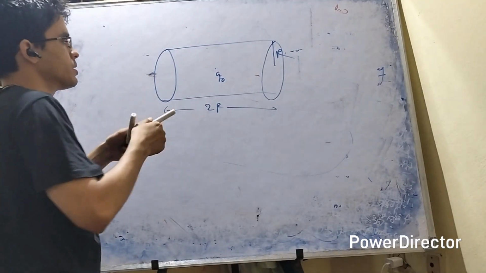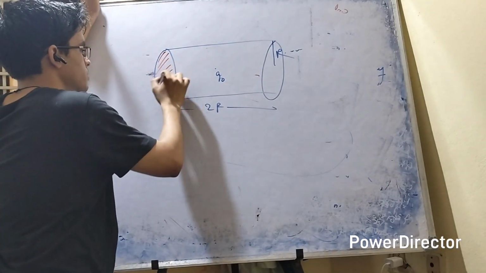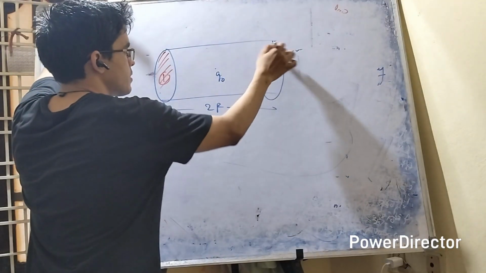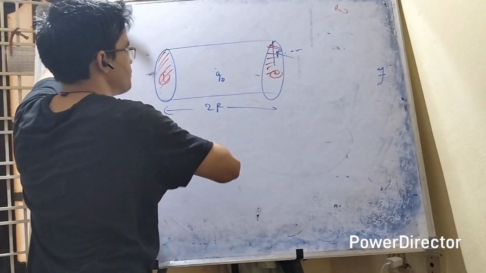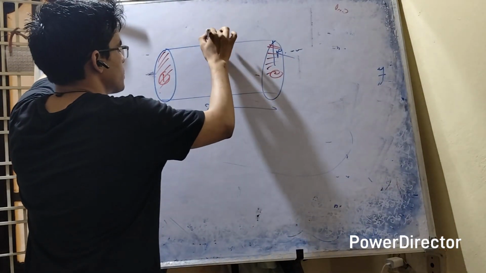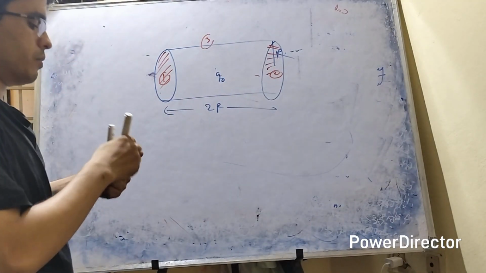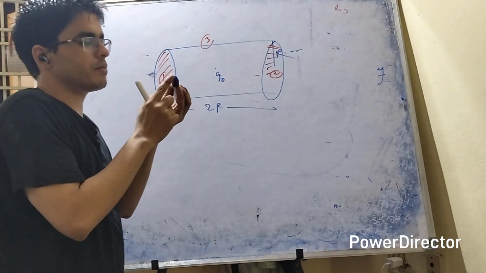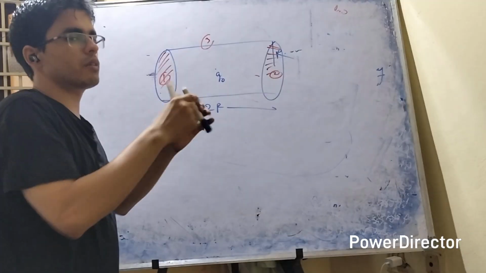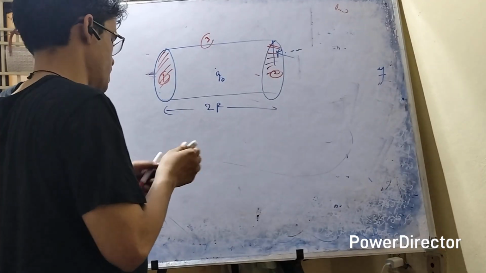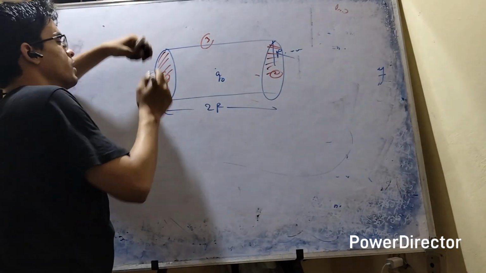First is this flat surface, second is the other flat surface, and next is the curved surface. So I will use Gauss's law here.